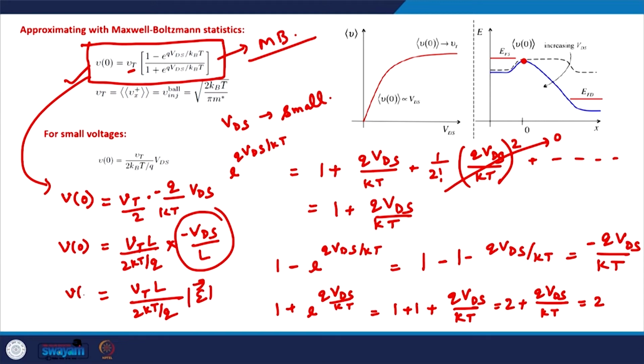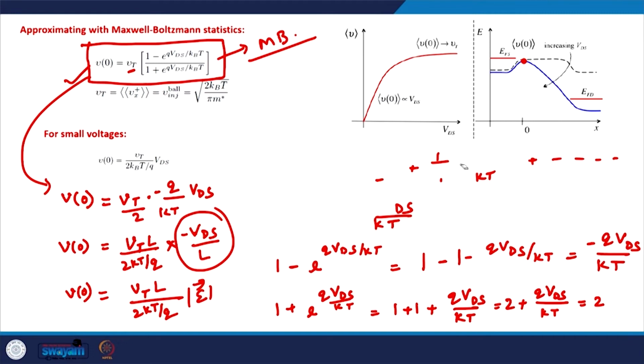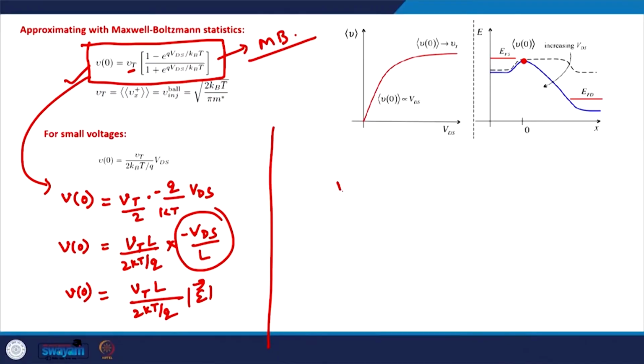And if we compare this to our conventional relationship between velocity and electric field, which is that the velocity is mobility times the electric field, then the first term here, Vt times L divided by 2 kT by q, will be the ballistic mobility in the system.